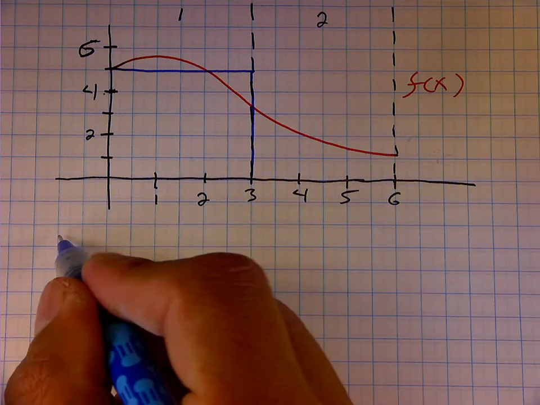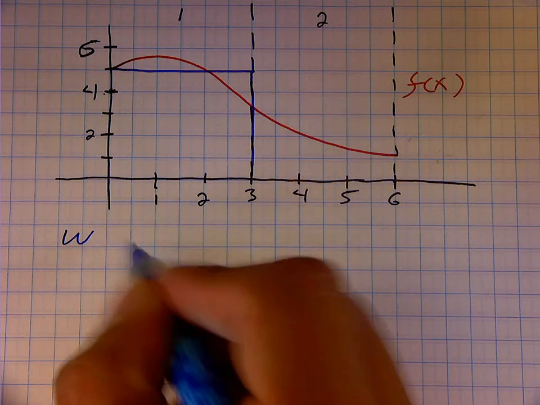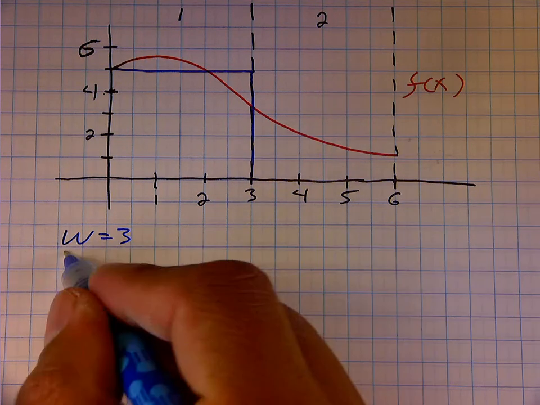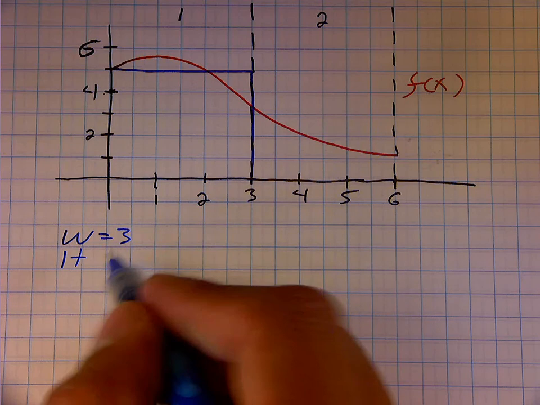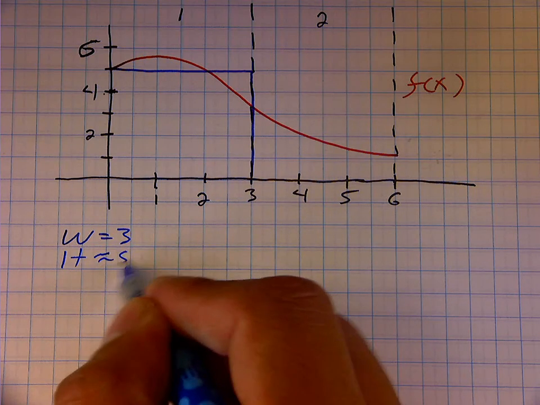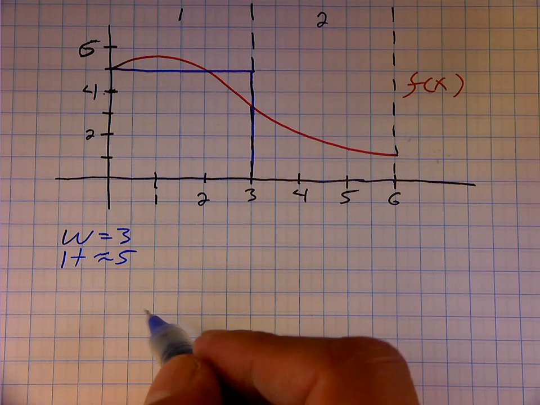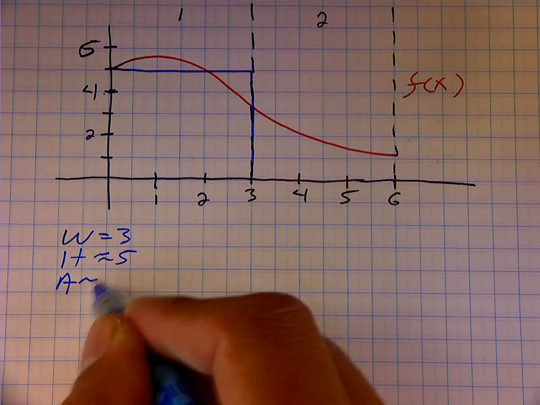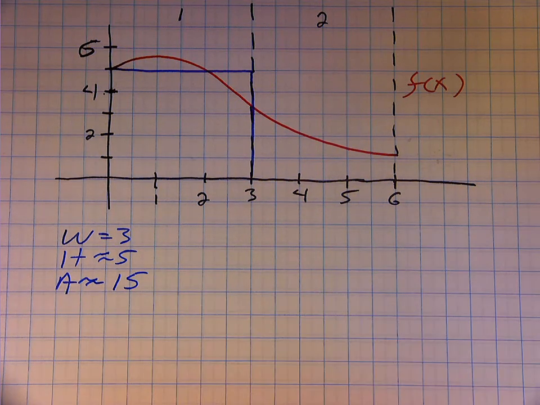And my rectangle has a width of 3. And this particular rectangle has a height of approximately 5. So the area of this first rectangle is going to be about 15 square units.